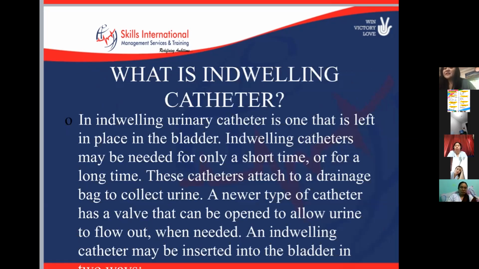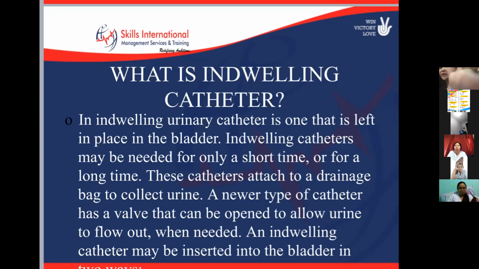Now, there is another one, which is the indwelling catheter. An indwelling urinary catheter is one that is left in place in the bladder. It may be needed for only a short time or for a long time. This catheter is attached to a drainage bag to collect urine.